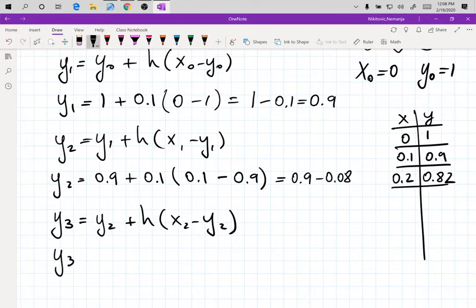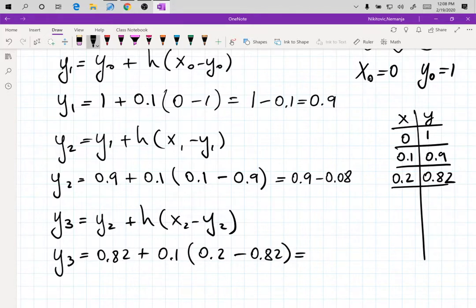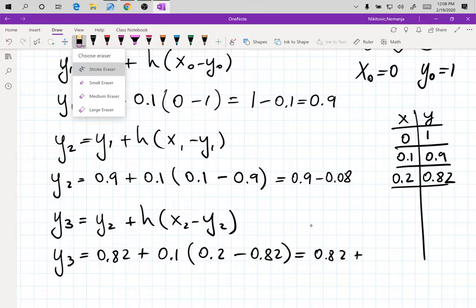So what is our y3? And I'm just going to bail because I'm bored. 0.82 plus 0.1 times x2, which is 0.2, minus 0.82. There we go. What do we have? I'm doing all of this without a calculator, just to show off.